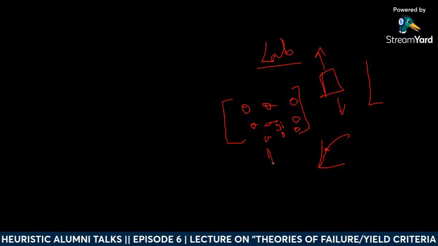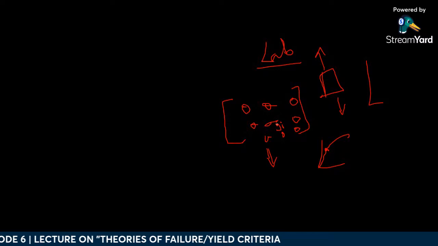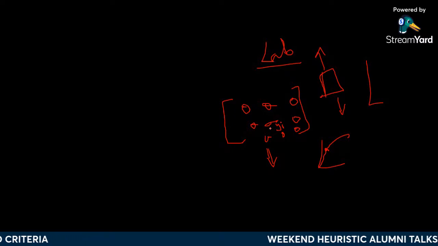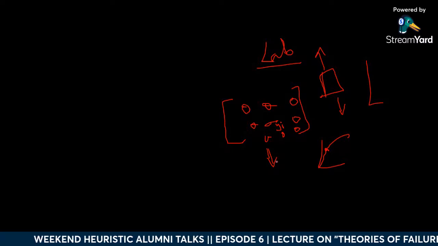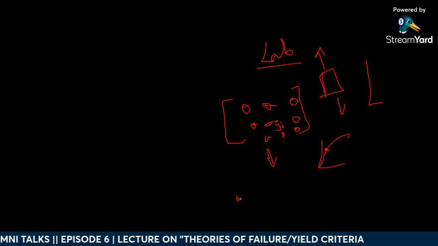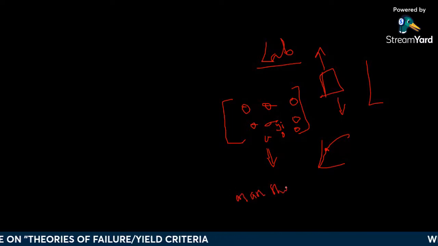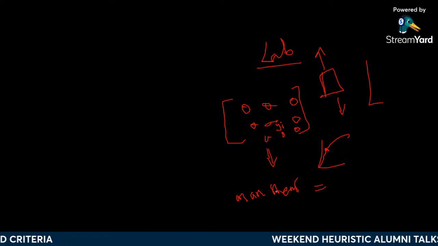So now what do you need to calculate? You don't give the result like this: this is the maximum stress, this is the yield point. That won't work. So what is the final conclusion you will frame? If you are following the maximum shear stress or Tresca theory, you need to find out at the failure point what is the maximum shear. How will you find out? I have shown one slide on how to find the maximum shear.